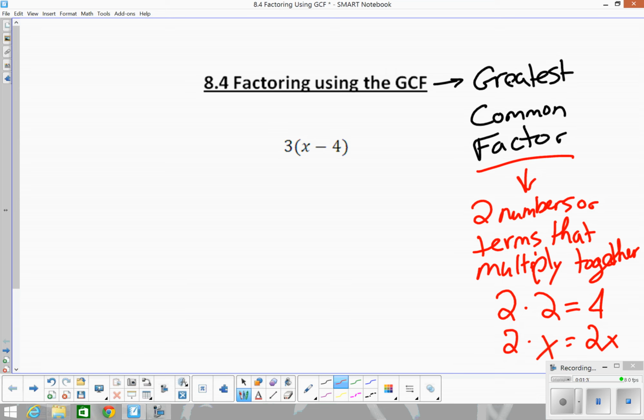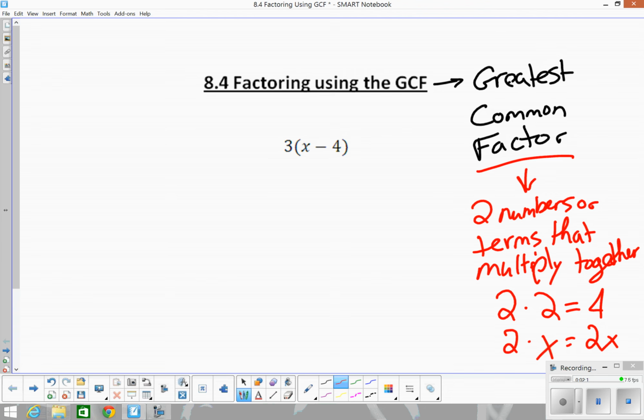So this whole idea of factoring is kind of undoing what we dealt with in the first 3 sections of this chapter, which was multiplying. Or sorry, the last section was 8.3, multiplying polynomials. Last section, if I have 3 times the quantity x minus 4, how do I undo the parentheses?